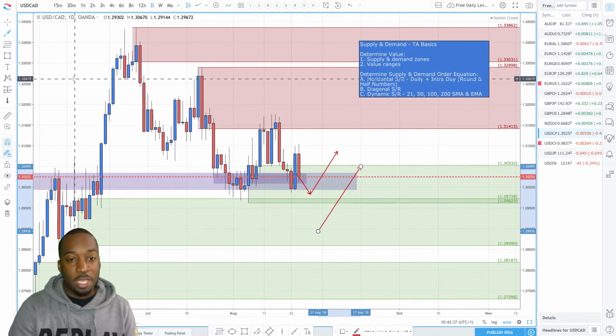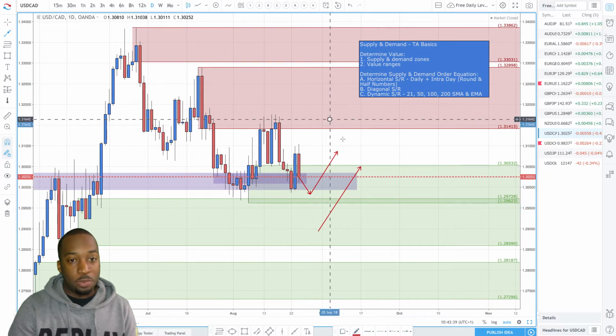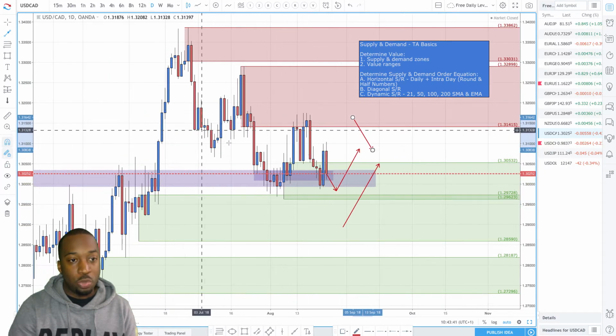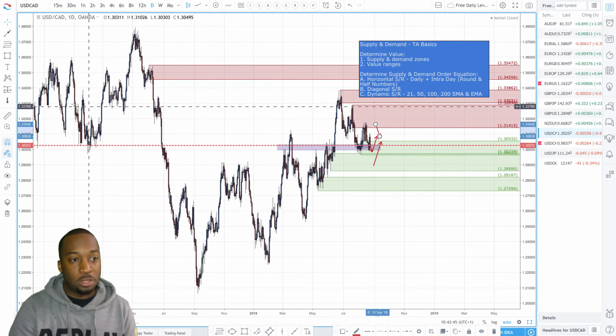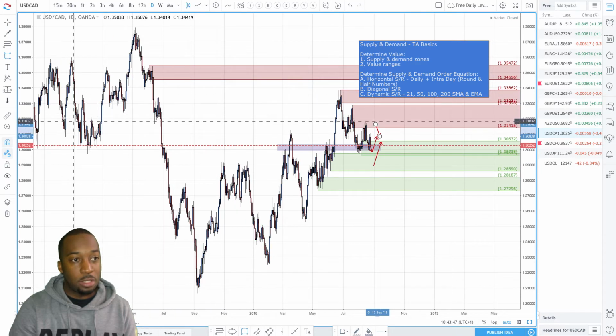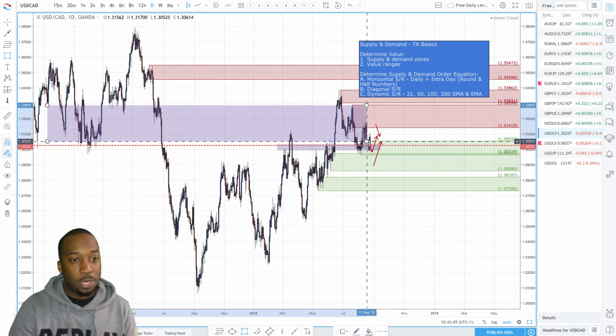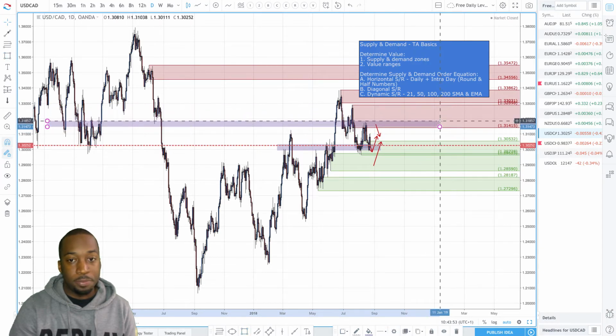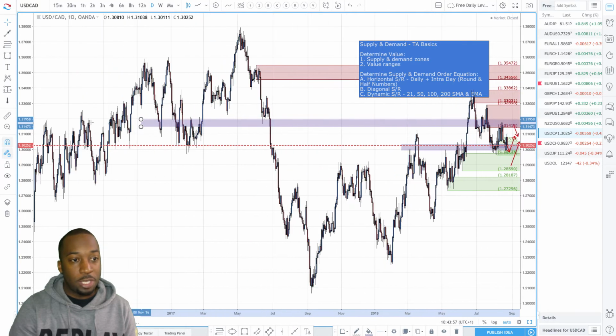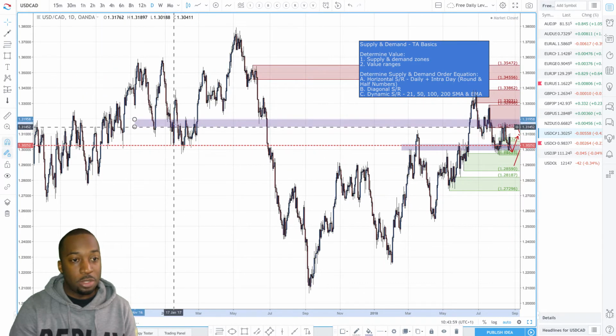If you're looking to be a seller, this is where you're going to be looking to get short. And again, probably looking at support and resistance from way back, probably looking at that area right there where you've had support, a bit of resistance and support there.